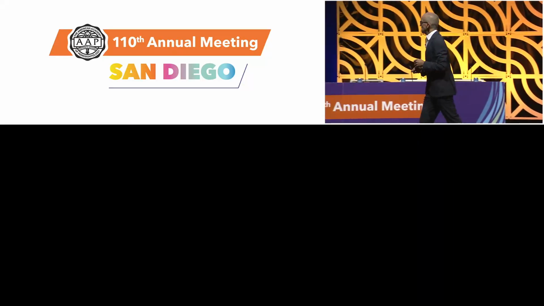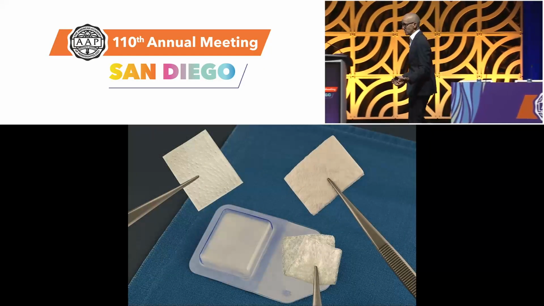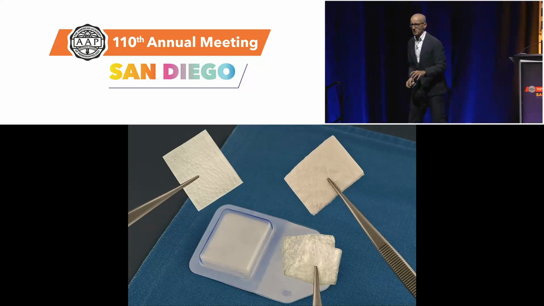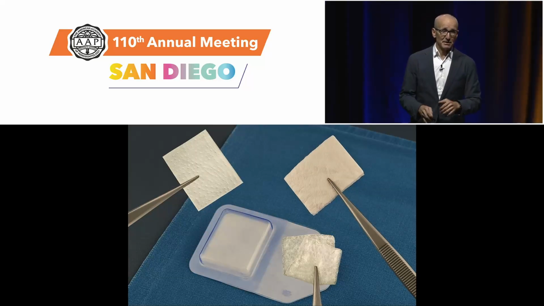But last but not least, the final goal, and we heard that, must be to avoid any grafting procedure at the hard palate. This is, at the end, the most important thing.